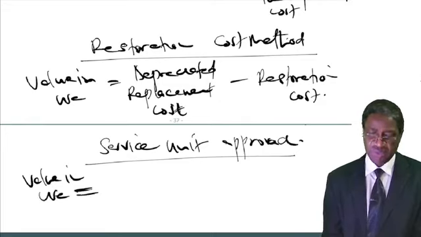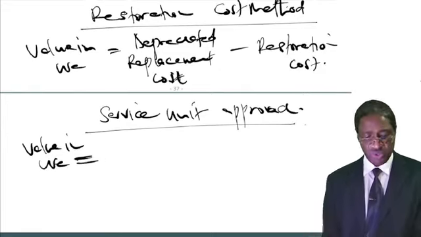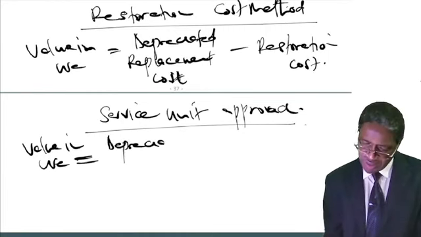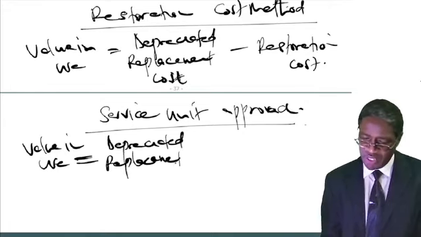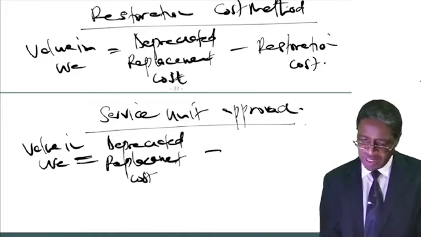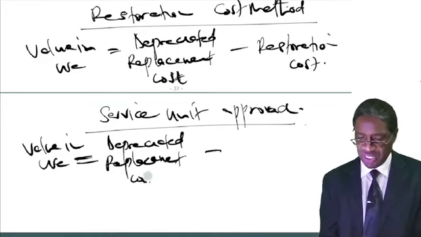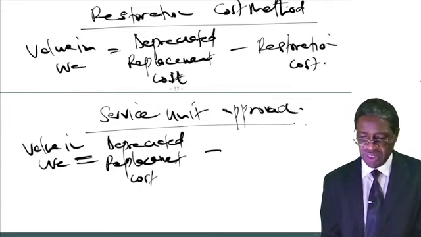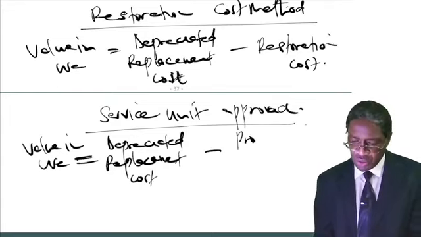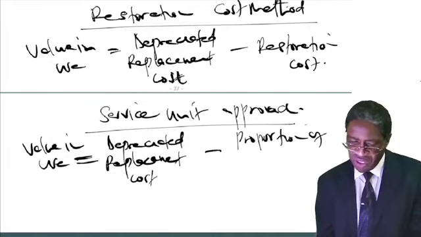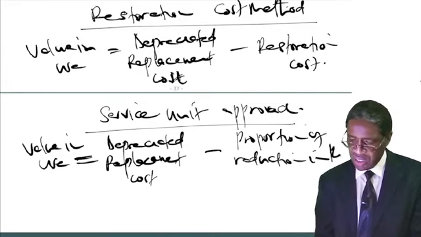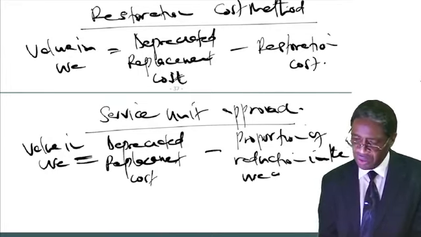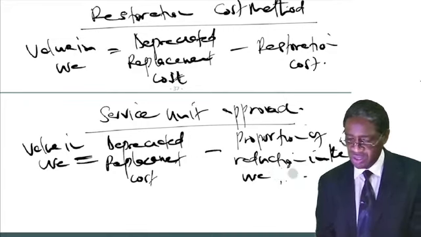Value in use equals depreciated replacement cost minus the proportion of reduction in the use of the asset.